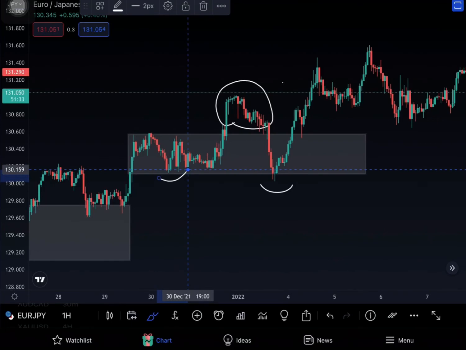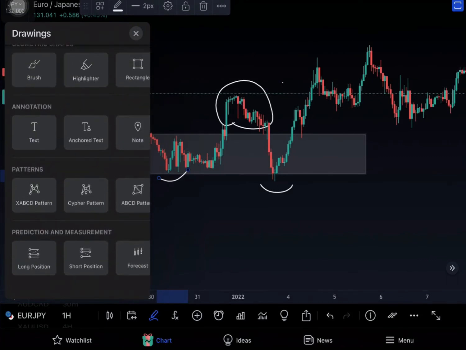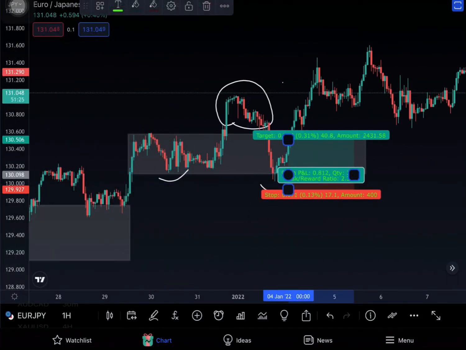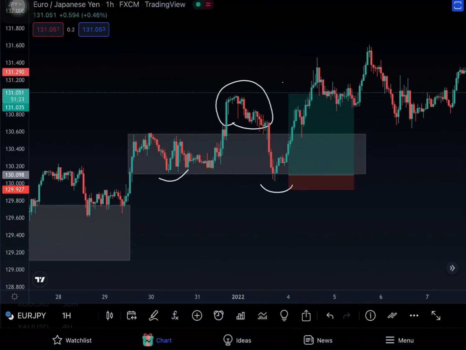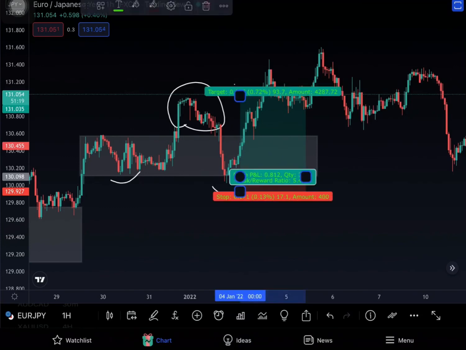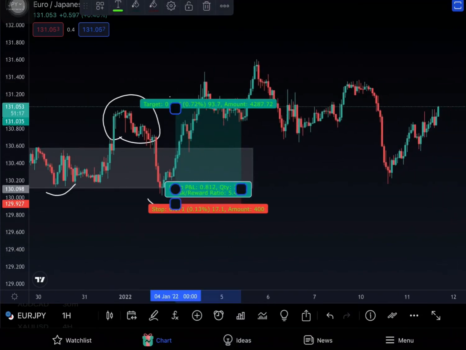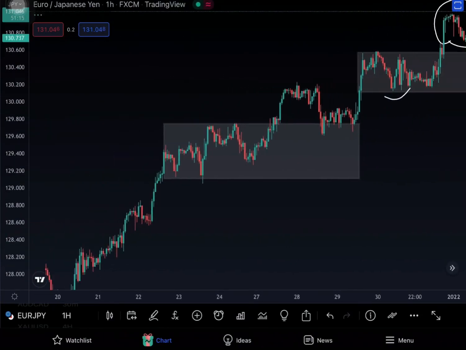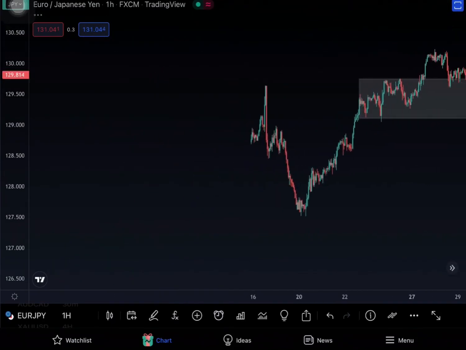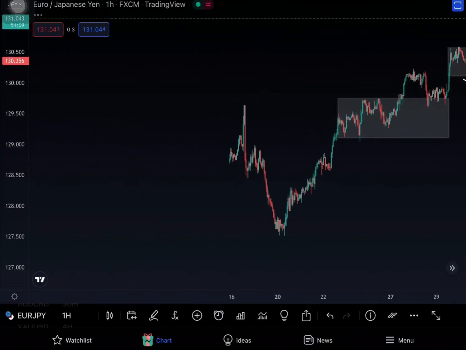You can open a long position on the second touch and wait for the price to reach the next major zone. As you see, we have two great examples in this trend, and we can find even more.